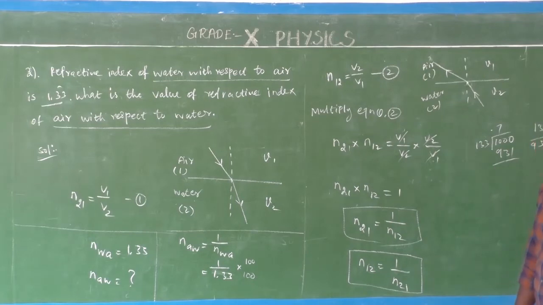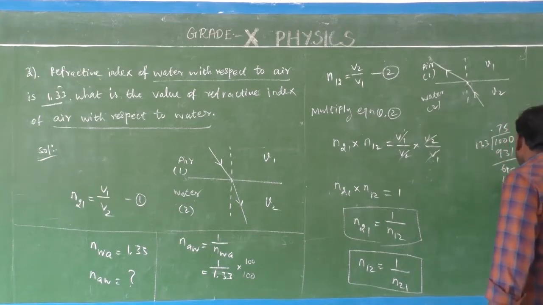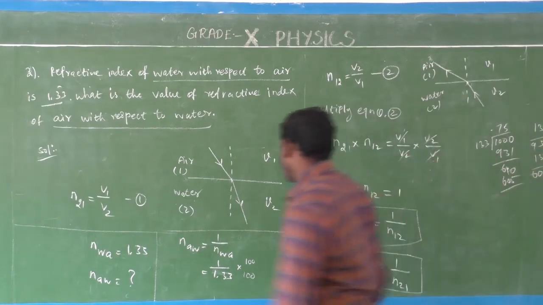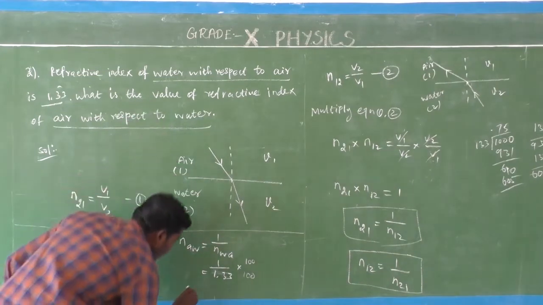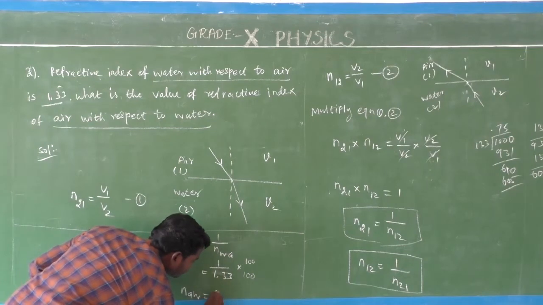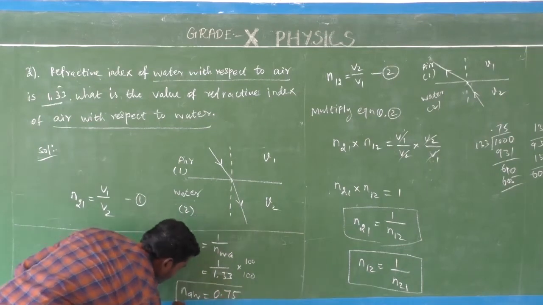So remaining how much? 69. Again add one 0. Then 133 into 5 is equal to 605. So the refractive index of air with respect to water is equal to 0.75.